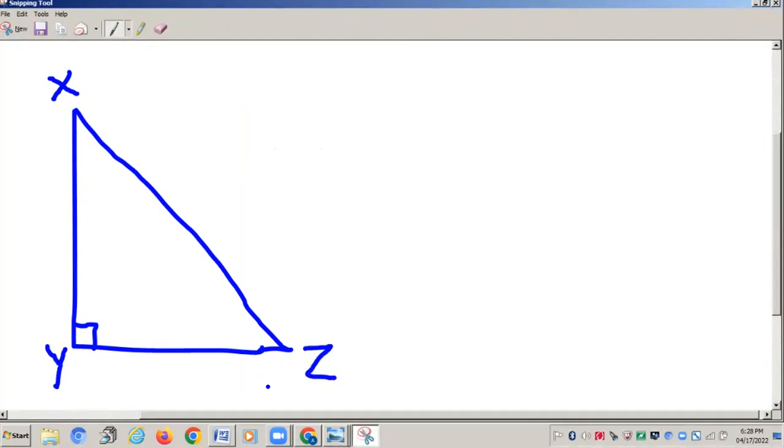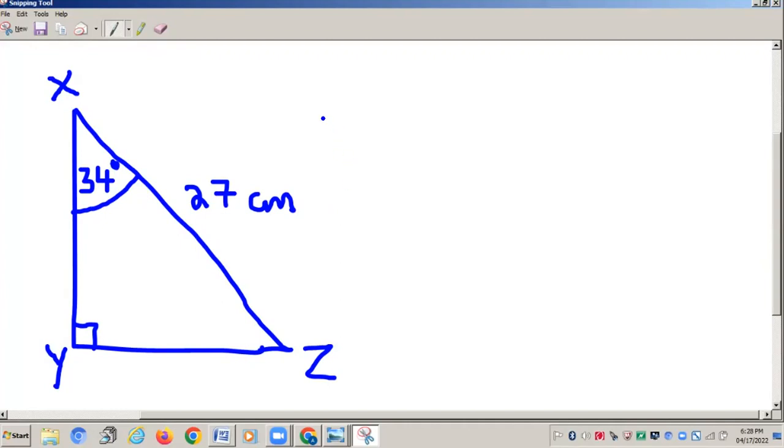So we have this triangle, right? X, Y, and Z. All right, so this is a 34 degrees, and this is 27 centimeters.